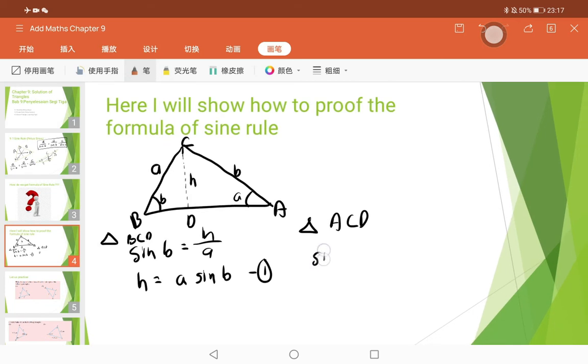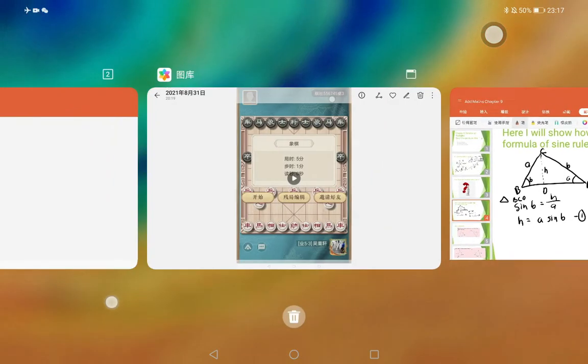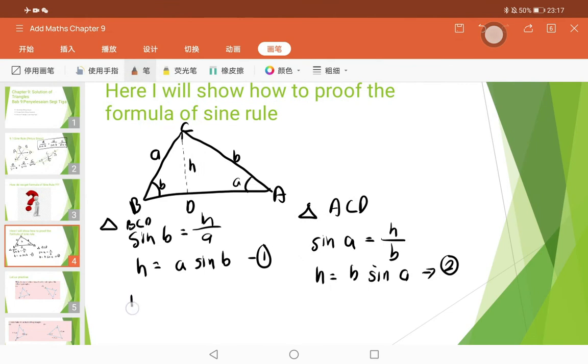Sine A is opposite over hypotenuse, so we have h over b, and then h equals to b sine A. So here is my second equation. So we equate the first equation and second equation. We will get a sine B equals to b sine A.